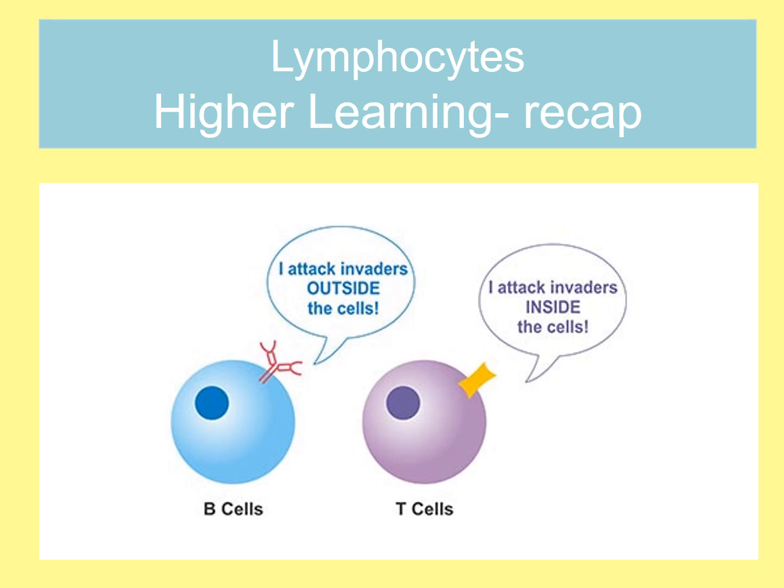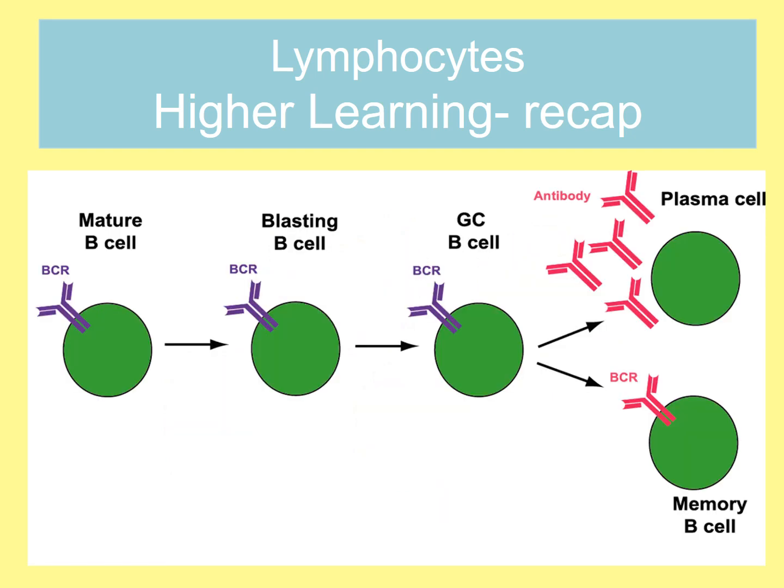B lymphocytes are responsible for producing antibodies, whilst T lymphocytes are responsible for what we call the cell-mediated response, where they attack infected cells and induce cell death. Here we have a recap of B lymphocytes and a mature B cell responding to an antigen and producing the appropriate antibodies.